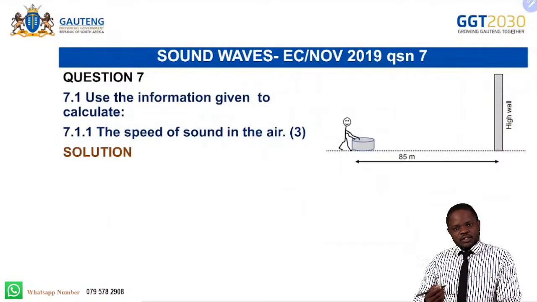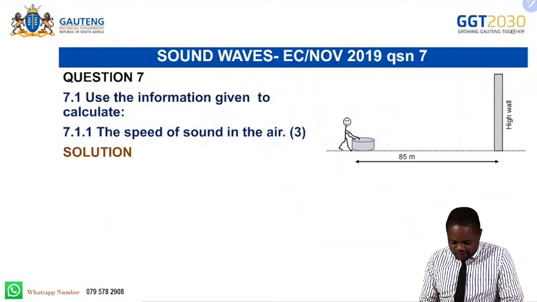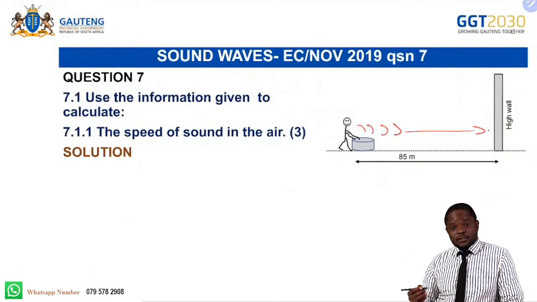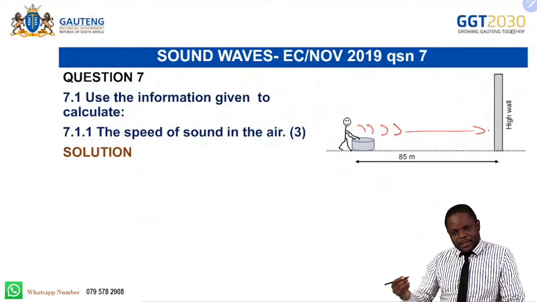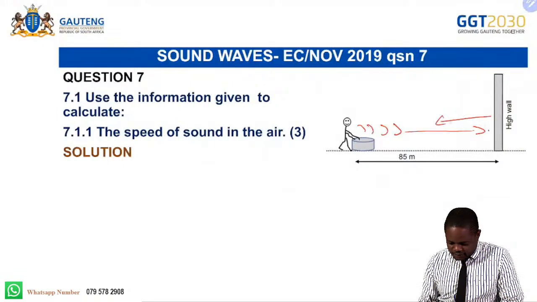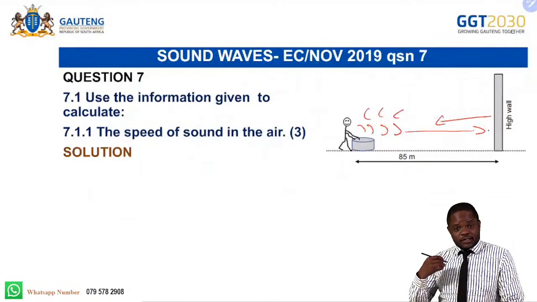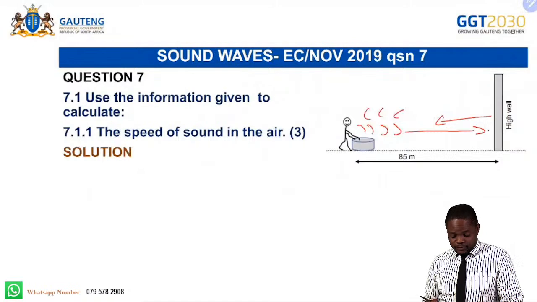Remember, for you to hear the echo, the sound is to travel first to a barrier there, which is your wall, isn't it? And what is going to happen? It is going to be reflected back. All right. So this is the concept that you are having, the concept of reflection of the sound. Right.